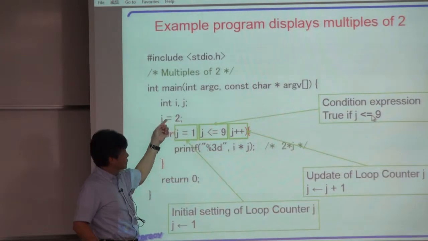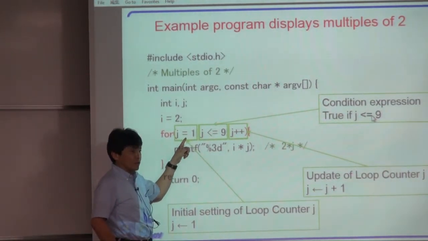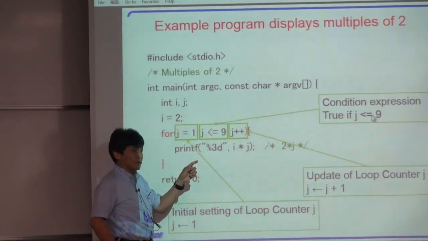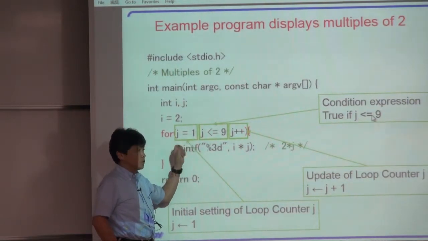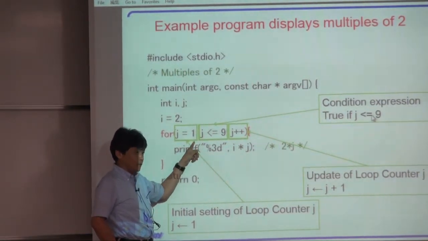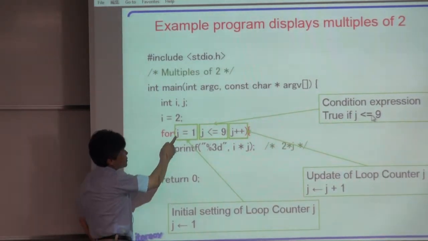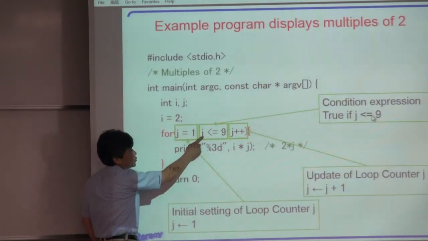And j is treated as a loop counter in these cases. So 2 by 1, 2 by 2, 2 by 3. So j will be changed from 1 to 9.